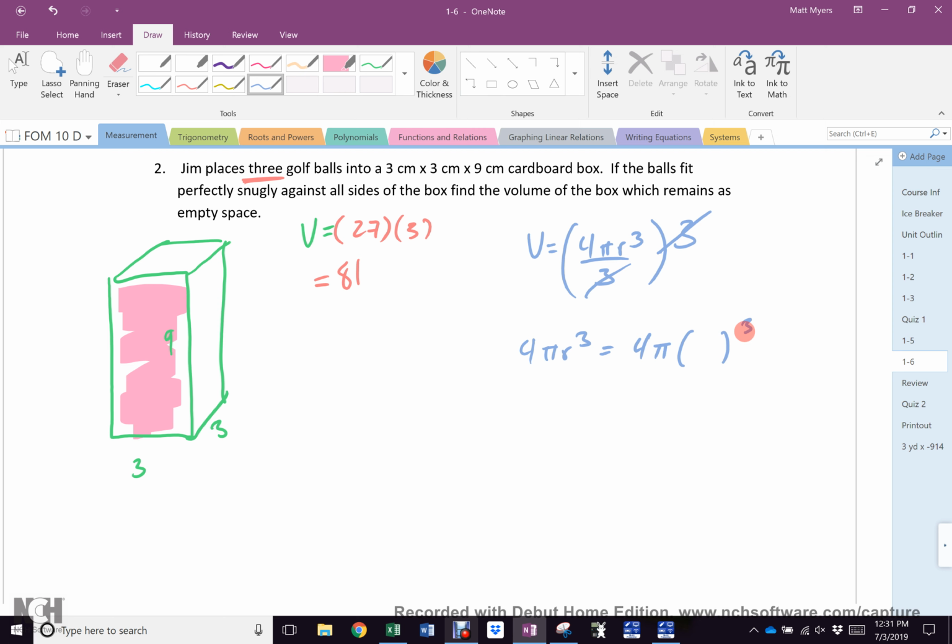Rajveer, what's R? 3 maybe? Okay. I have one guess of 3.